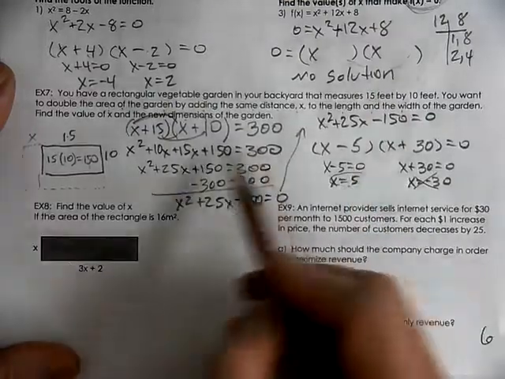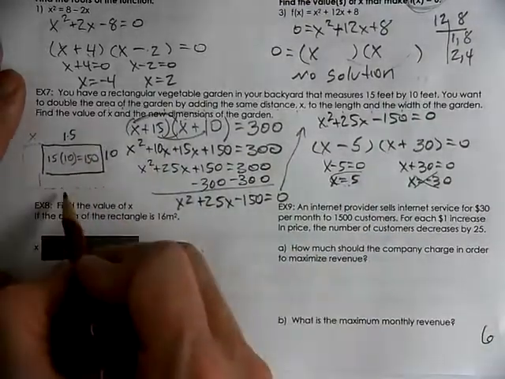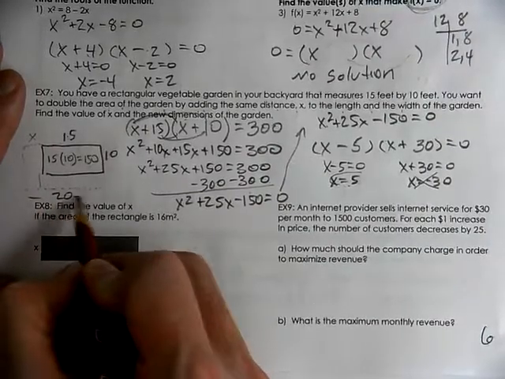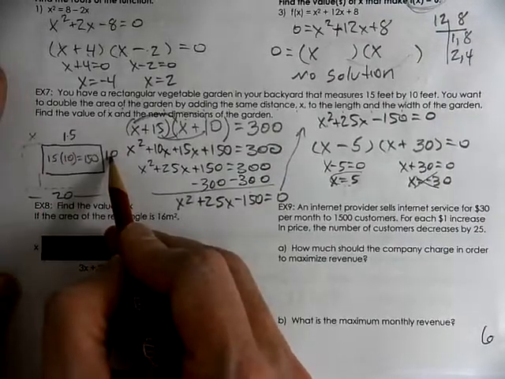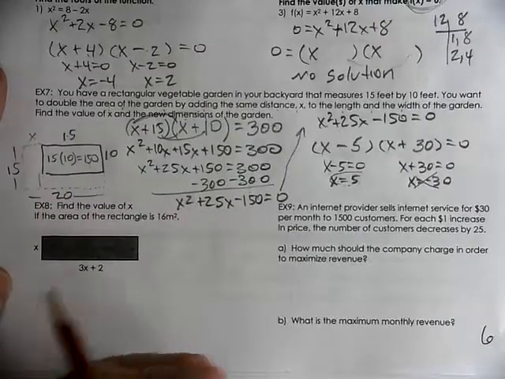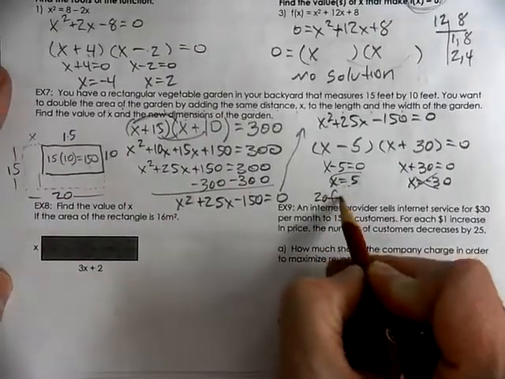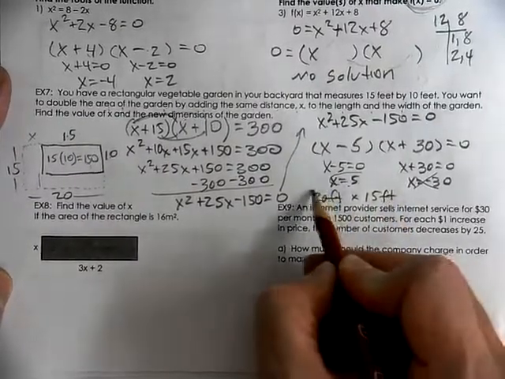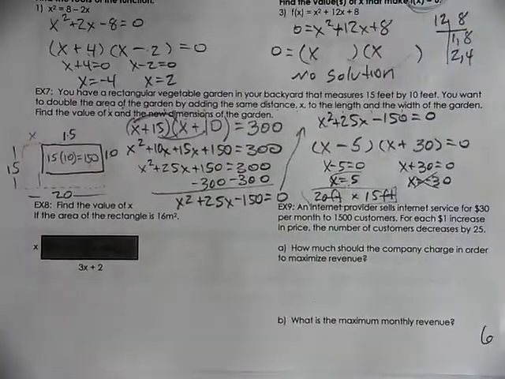We're going to take the 5 and we're going to add it to our dimensions. So we're going to say 15 plus 5, so we're going to have dimensions of 20. We're going to take 10 plus 5, dimensions of 15. So 20 feet by 15 feet are the dimensions.